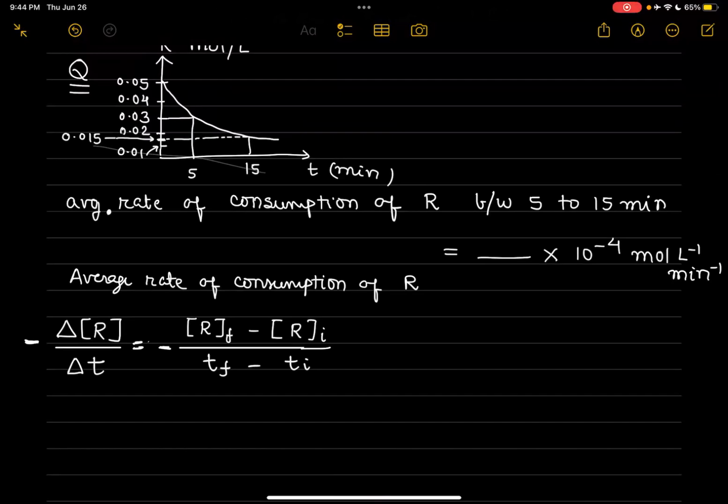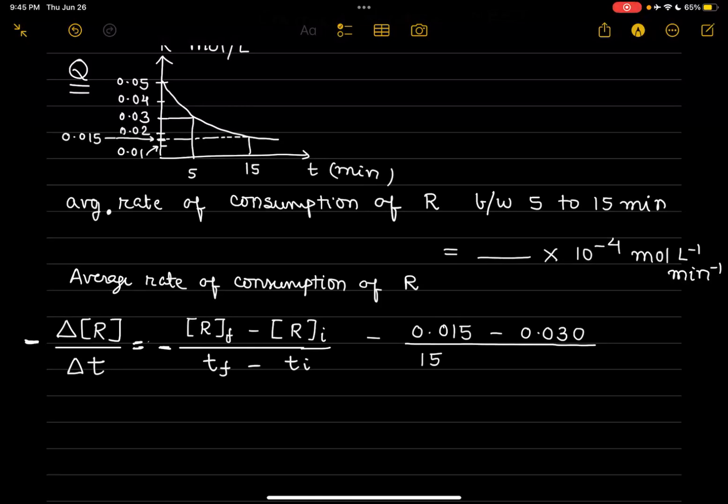Student: Our final will be 0.015 minus 0.03, the whole negative, the whole minus, divided by final time, 15 minus 5, divided by 10.